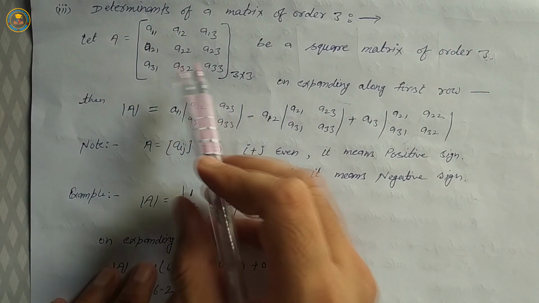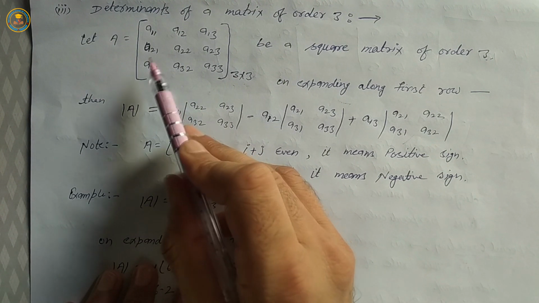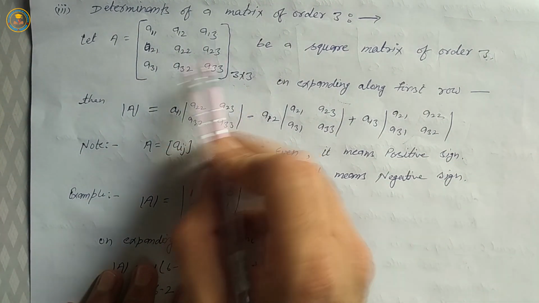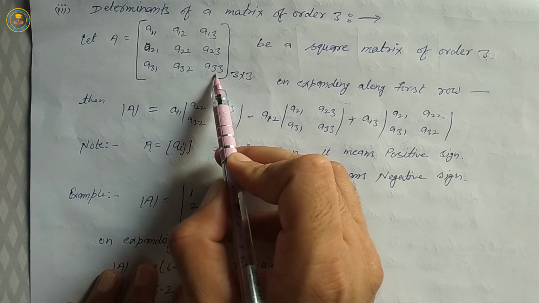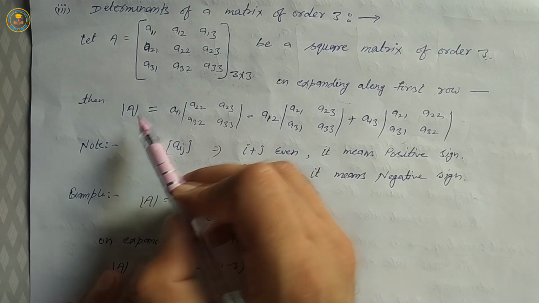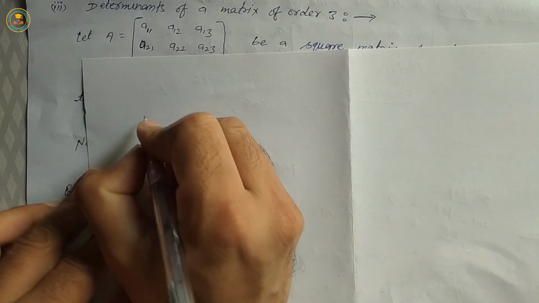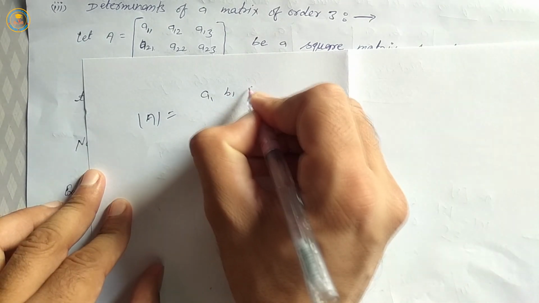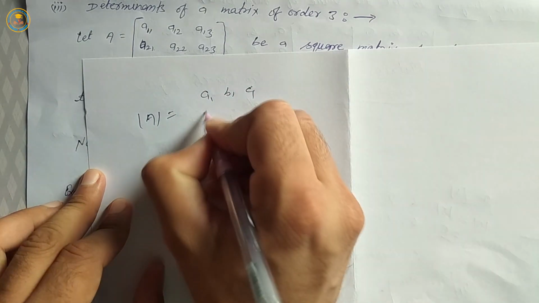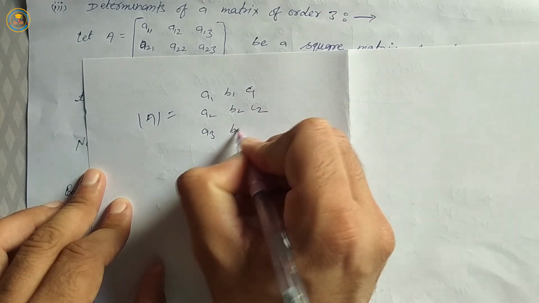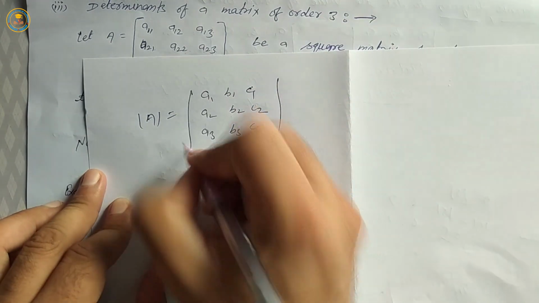The numbers A11, A12, A13, A21, A22, A23, A31, A32, A33 are called the elements of determinant A. So, determinant of A is equal to the determinant A1, B1, C1, A2, B2, C2, A3, B3, C3.